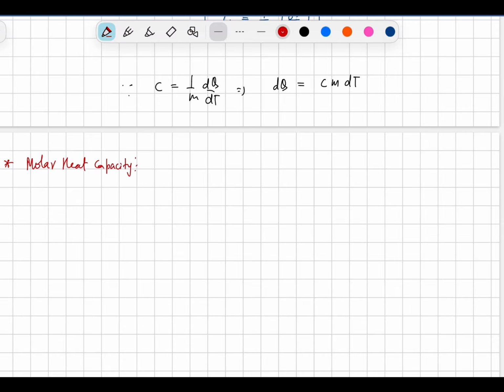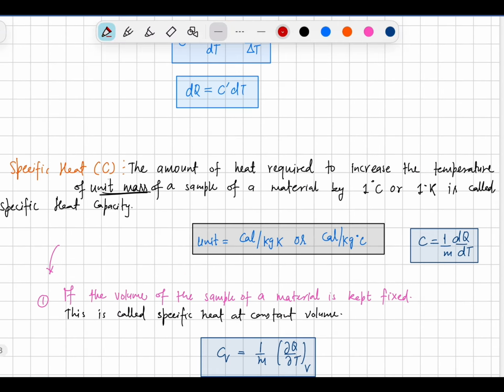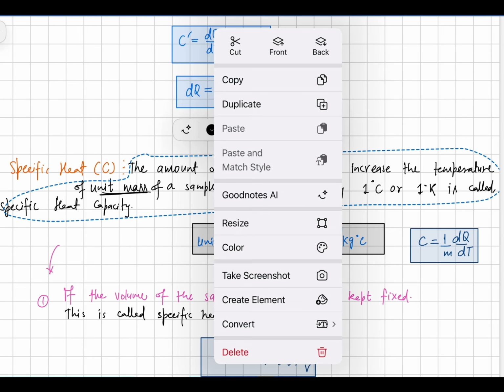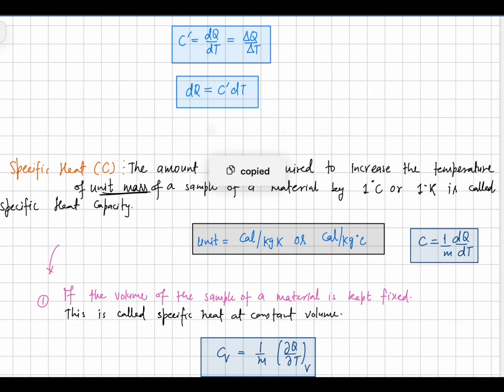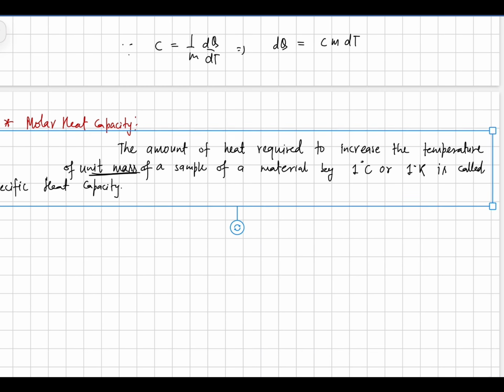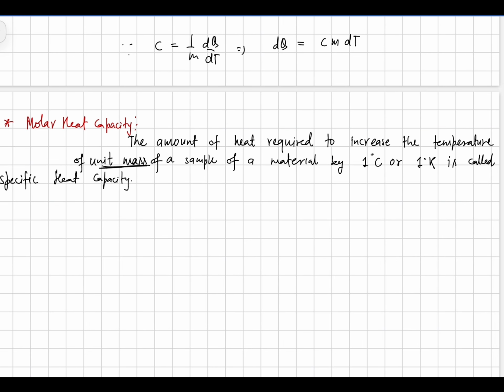Okay, so the definition will be what? You can write the definition here also. You can just copy paste and change the unit mass to unit mole. Too simple, nothing complicated here.